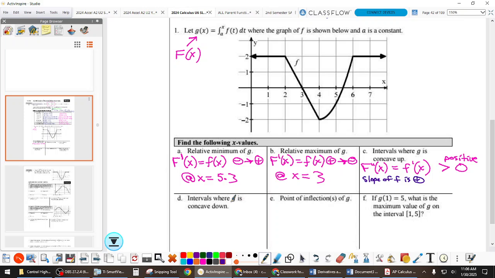Actually, wait. The slope doesn't have to be increasing, just has to be positive. Well, because isn't this a positive slope? This is a positive slope, yeah. Right, and that's concave down. But the slope of this, right, that's f prime of x.